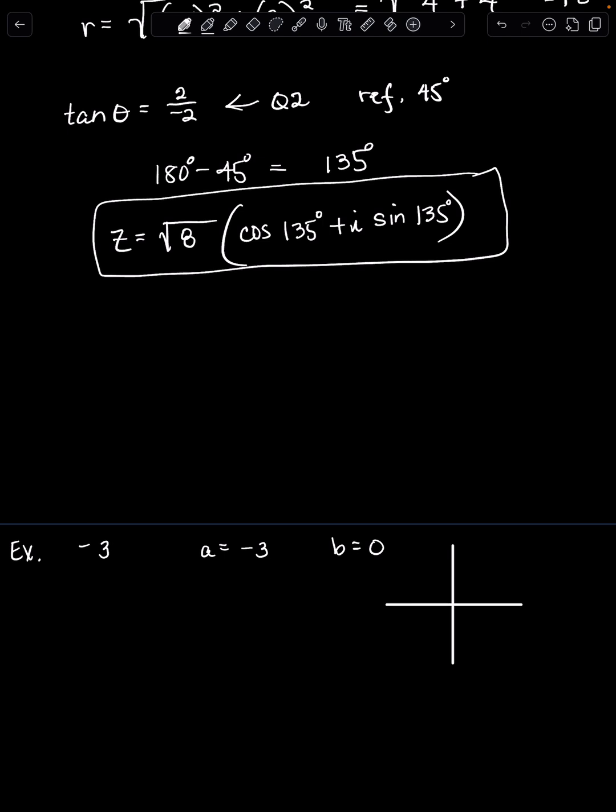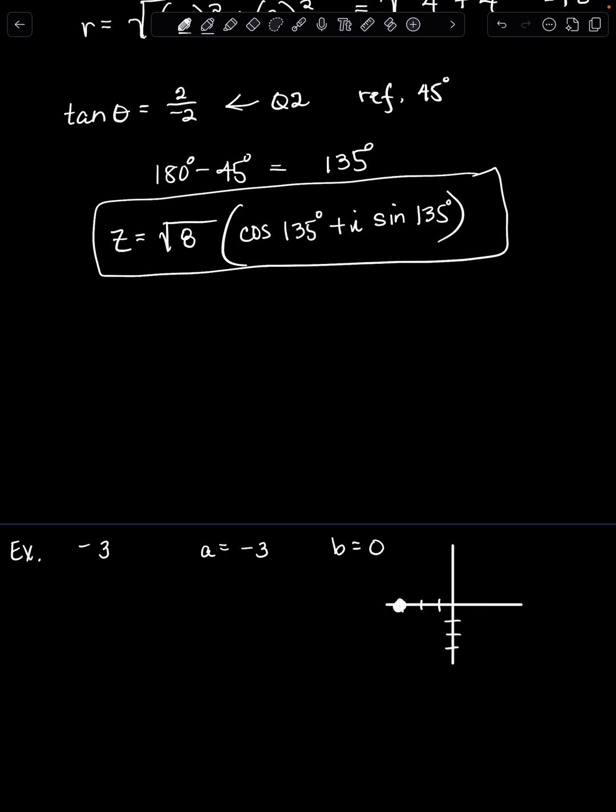I would go to the left 3 on the real axis, and not up or down on the imaginary axis. So that is where that complex number would be.